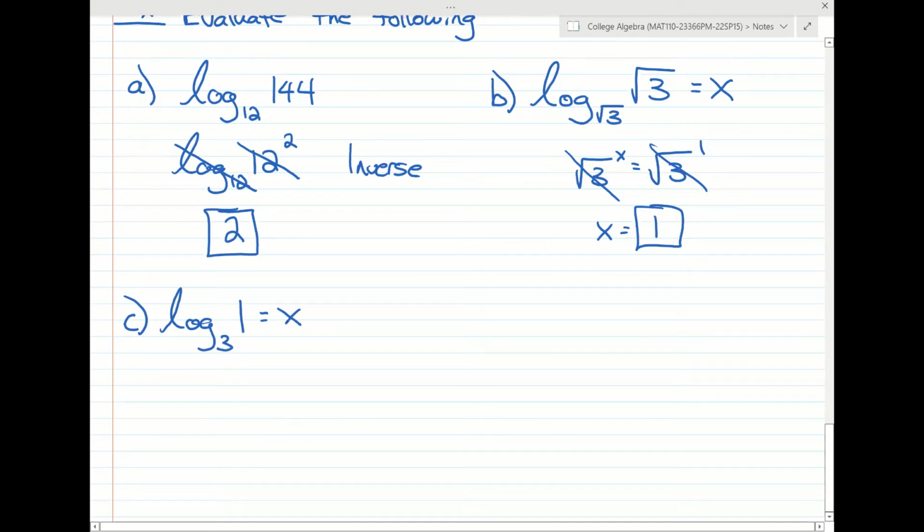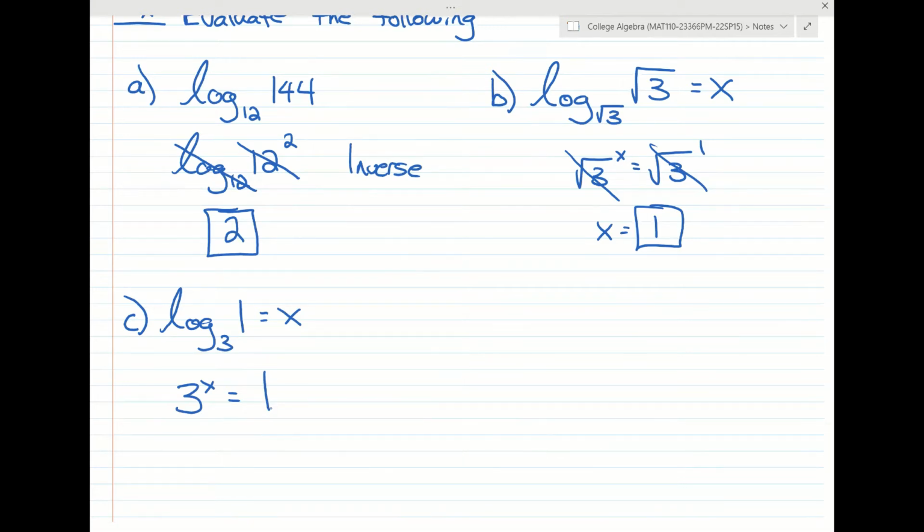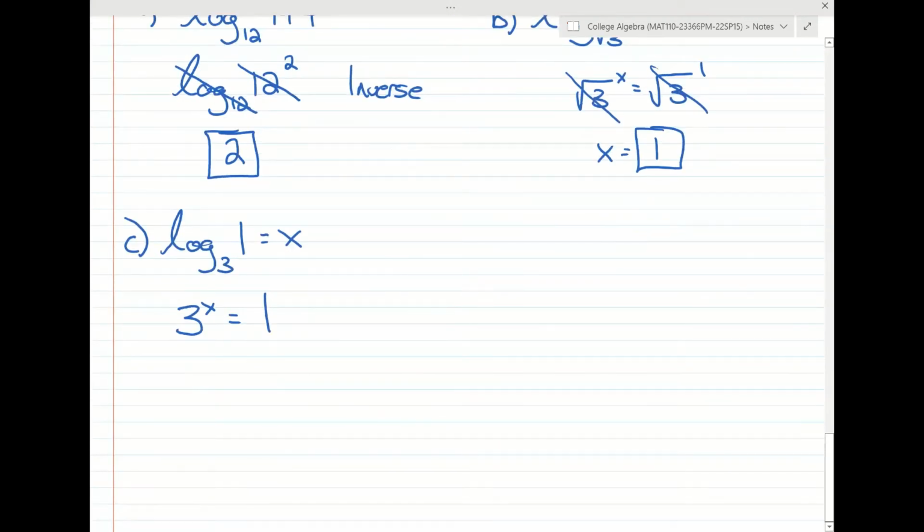Then what we could do is do 3 to the x power is equal to 1. Does anyone know how to finish this? 3 to what power is 1? Or anything to the what power is 1? 0, right? So that's anytime you have log of 1, the answer is just 0.